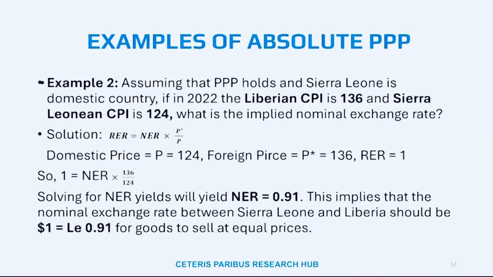Sometimes you can be given the nominal exchange rate and the prices, and you determine if the PPP condition holds, or you will be given the condition and the two prices, and you determine the nominal exchange rate between the two countries that makes the PPP condition hold. Or you may be given the nominal exchange rate and one of the prices, so you can just use this formula and manipulate the mathematics.